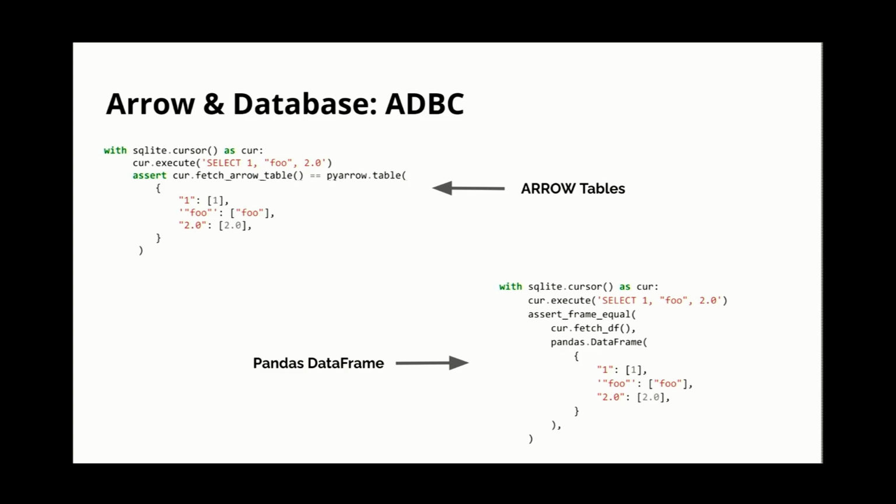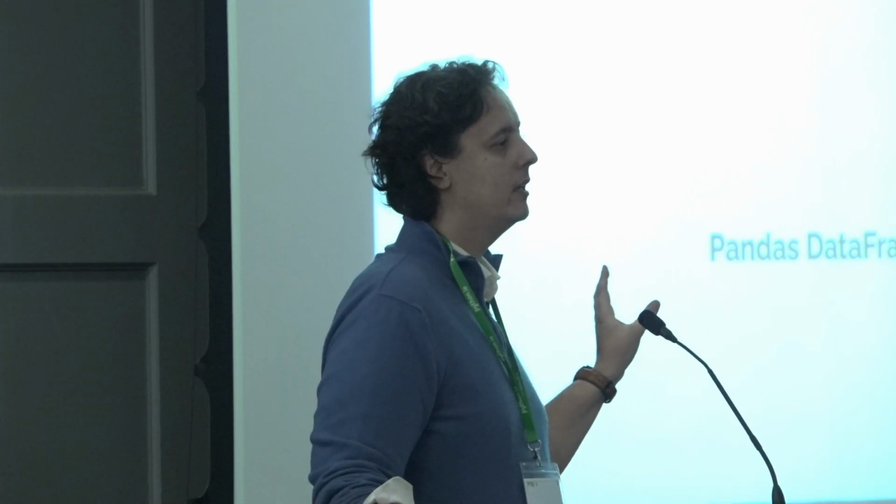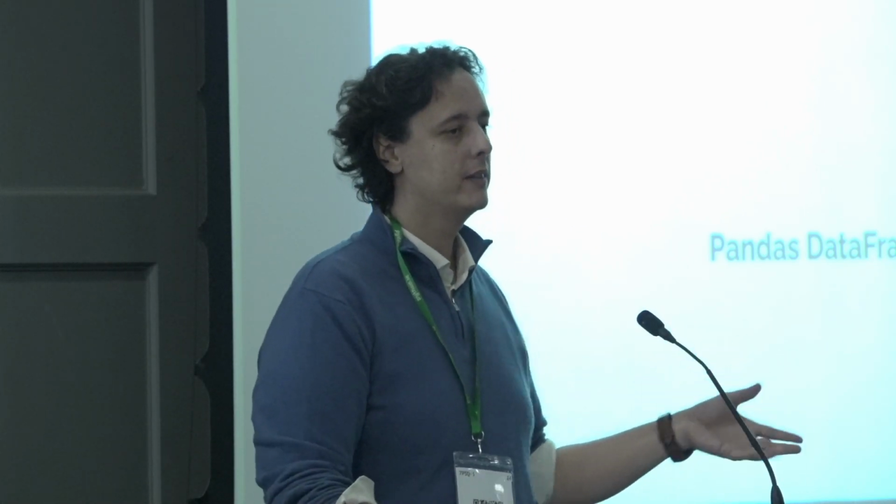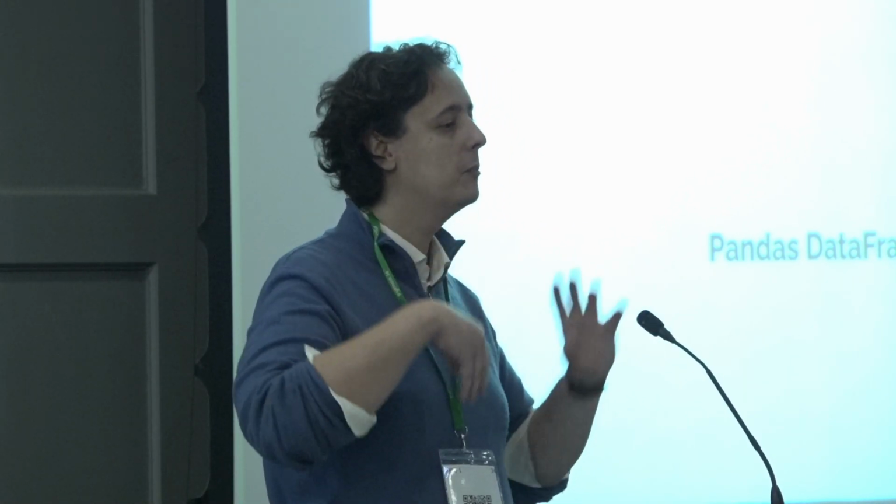And that's all for free. There is no conversion cost or things like that. The ADBC driver gets the data into the Arrow format, and Pandas understands the Arrow format, so it's able to create a data frame on top of that data for free. So that's a good example of why I'm telling you that Arrow allows you to seamlessly integrate many different libraries and technologies.